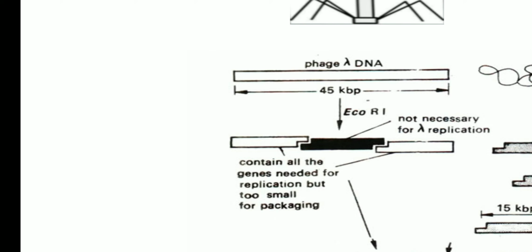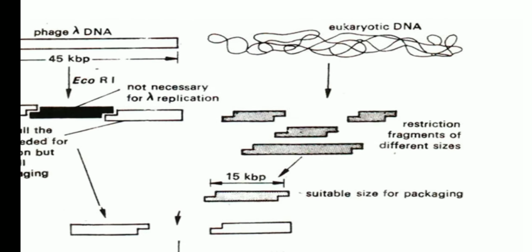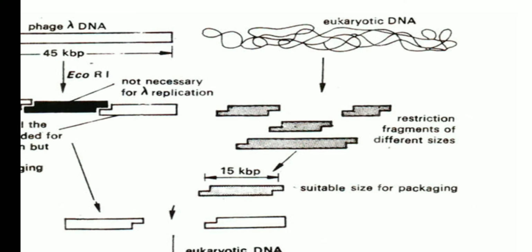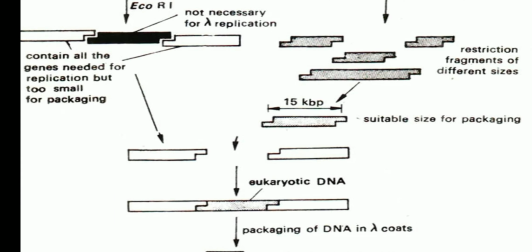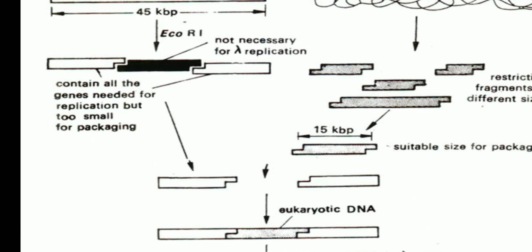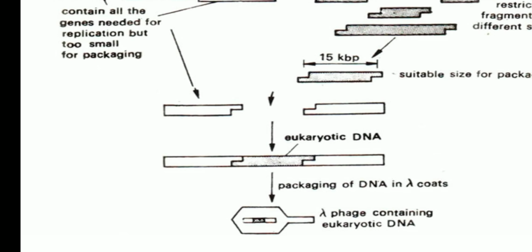In that part, the target DNA is inserted. Here I give the example of the target DNA as eukaryotic DNA. The target DNA is transferred into that part, and ligase enzyme joins both the phage DNA and eukaryotic DNA. Now this recombinant DNA is packaged into the phage coat, and this lambda phage is transferred into the host cell for rapid propagation.